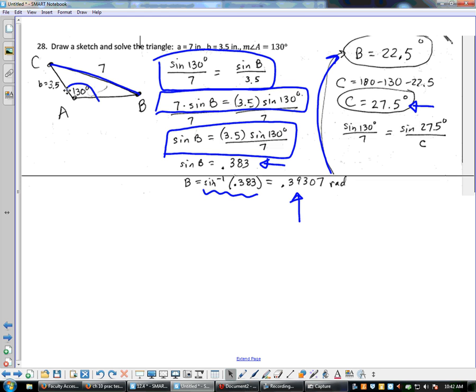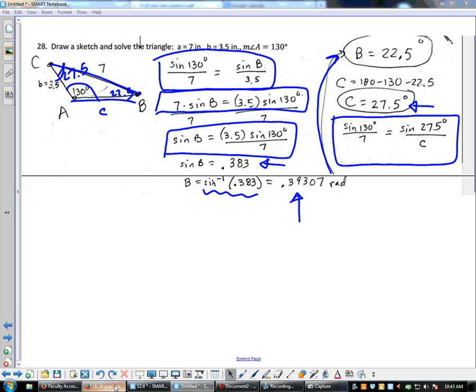I set up what I needed to find my last remaining side, side C. I now know that this angle is 27.5 and this angle is 22.5, so I have the setup for finding side C. It's sine of 130 degrees over 7 equals sine of 27.5, that's this angle, over the side opposite it. So did I have that done or not?